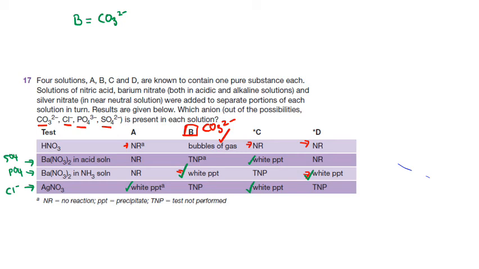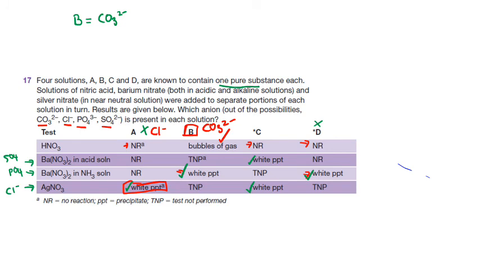Okay. Now, reading this, they're containing pure substances each. So I can't have multiple substances. Okay. So, this one and this one I can actually determine, can't I? So I'm going to say that this one here, A, is chloride, because there's only that test there that's positive here.